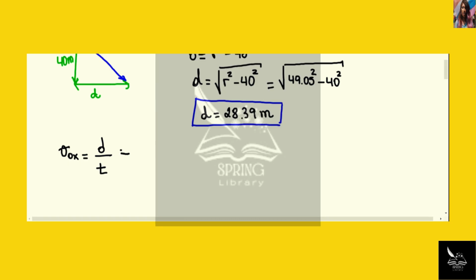So this is 28.39 meters divided by t, which we already calculated, 2.857 seconds. So this is 9.94 meters per second, and this is the initial speed.